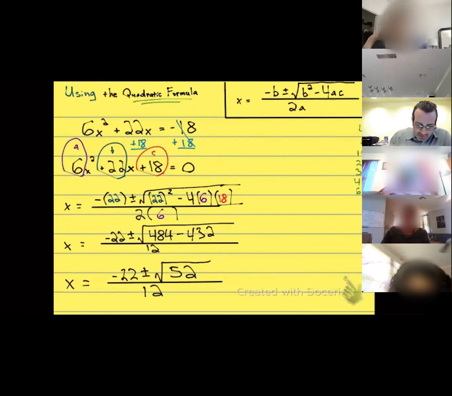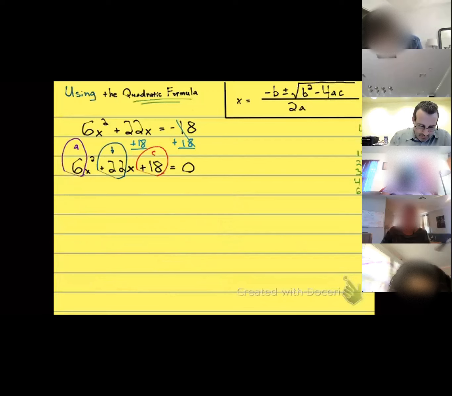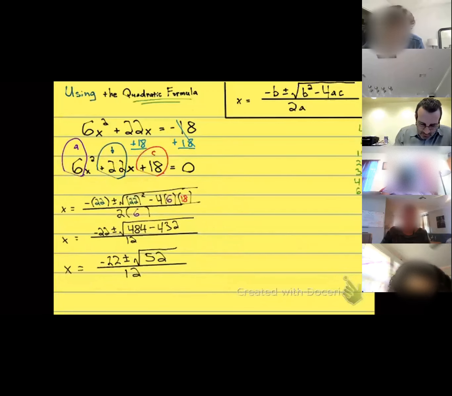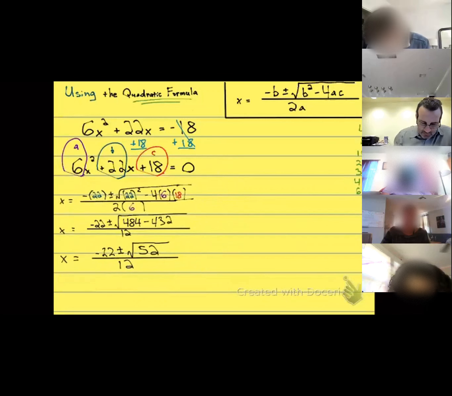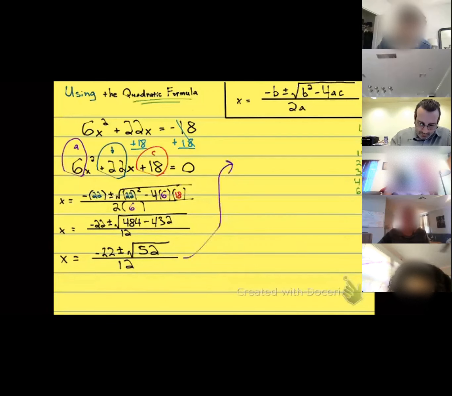Actually, let me shrink all of this to give myself some more space. So X equals negative 22 plus or minus.